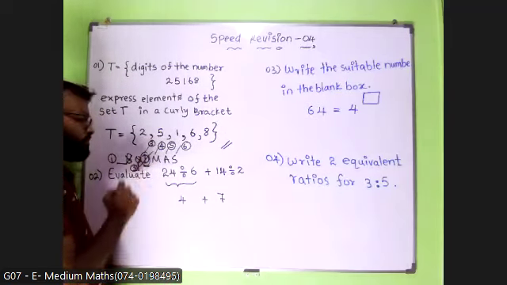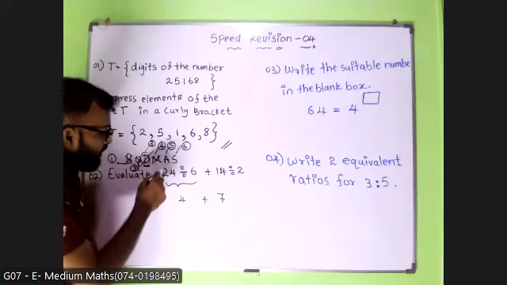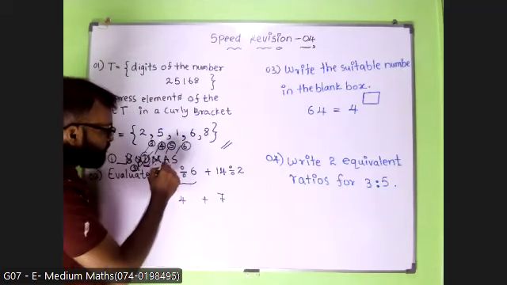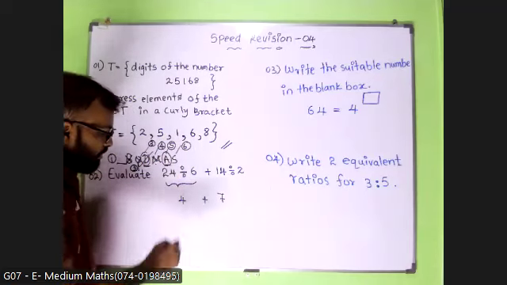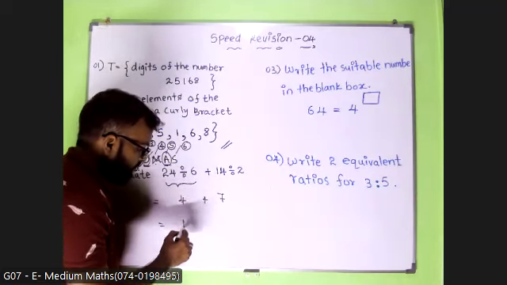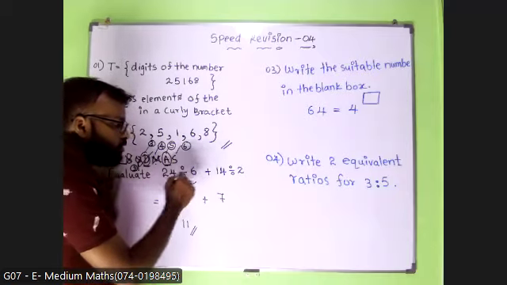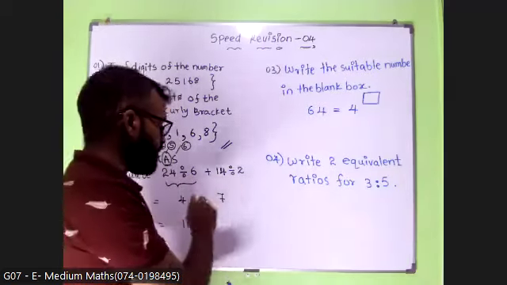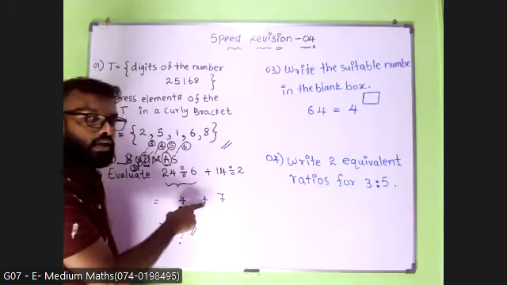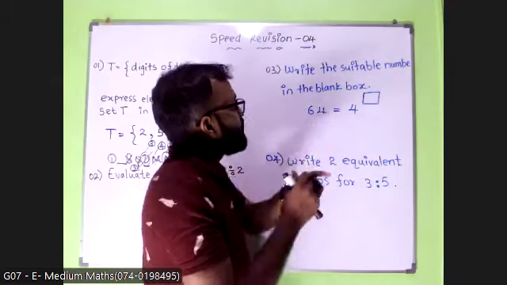Division is done. Are there any multiplications? No multiplication. Any addition? Yes, addition. 4 plus 7, 11. So your answer should be 11. You have to do the divisions first, then addition should be done at the last point.